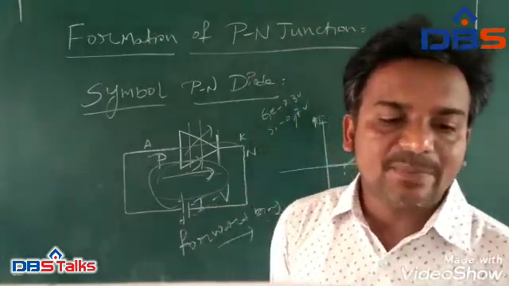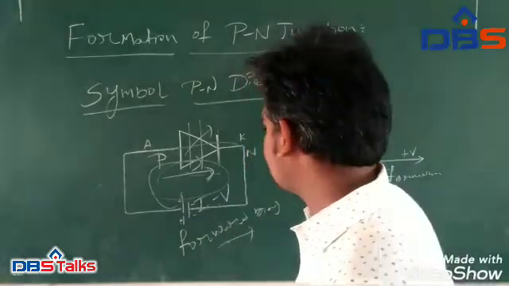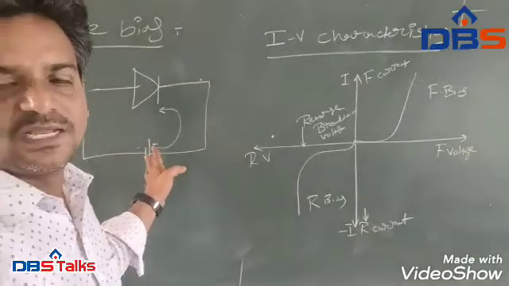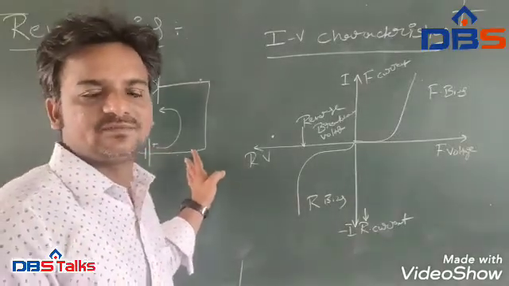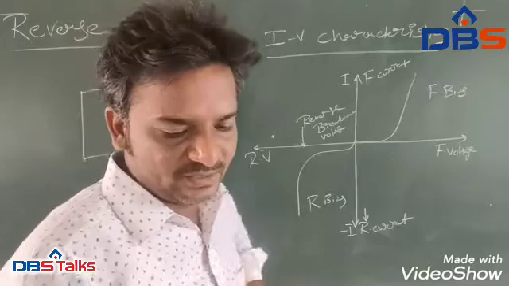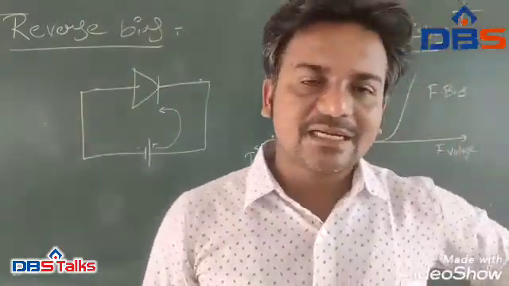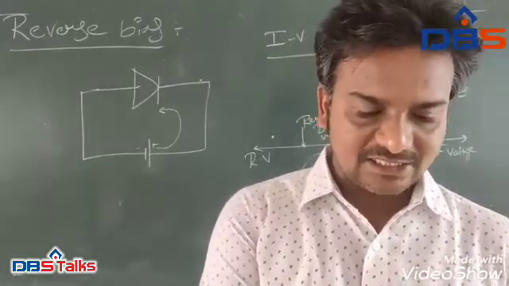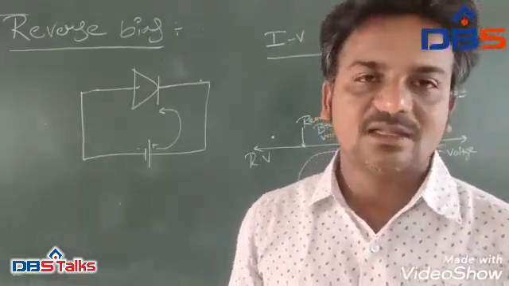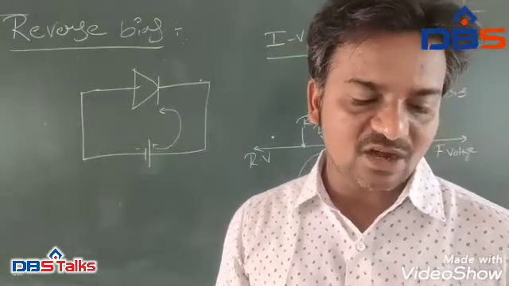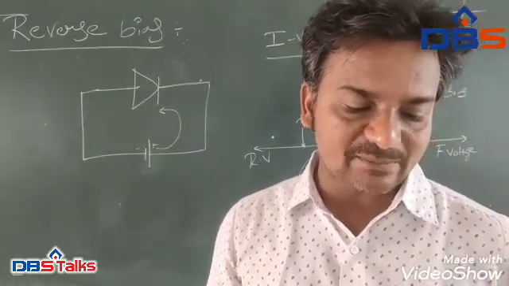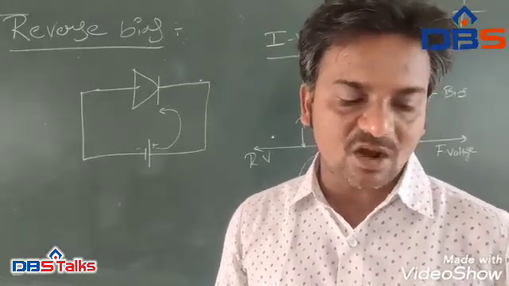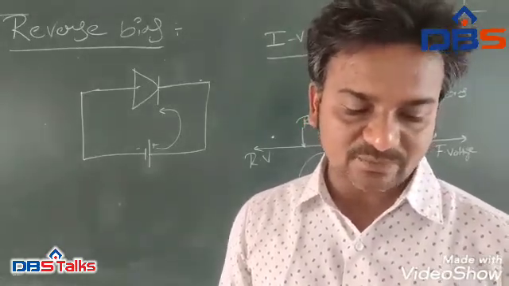Next, I will explain reverse bias in a PN junction diode. The P-type semiconductor and N-type semiconductor in the PN junction behave as electrodes. The PN junction consisting of P-type and N-type semiconductors provided with two terminals is called a PN junction diode.